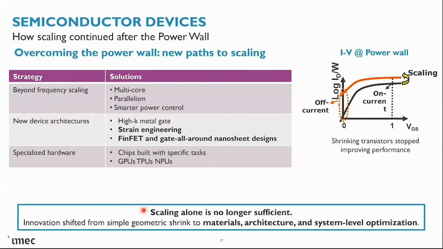So the message is that scaling alone is no longer sufficient after the 130 nanometer node, and innovation shifted from simple geometric shrink, following Dennard's law, to materials, architecture, and system-level optimization.